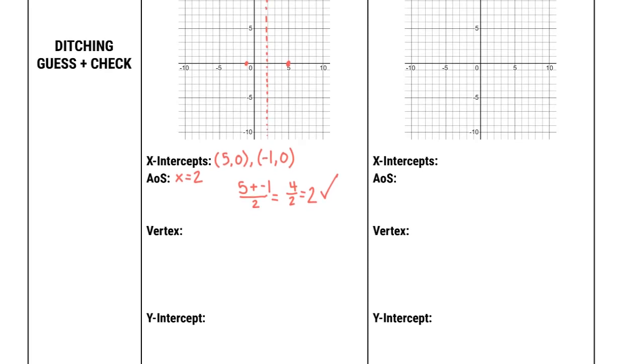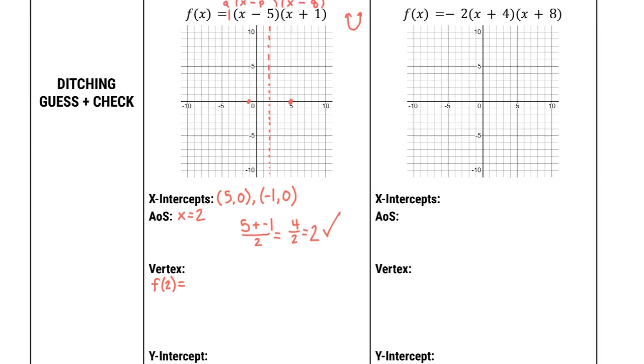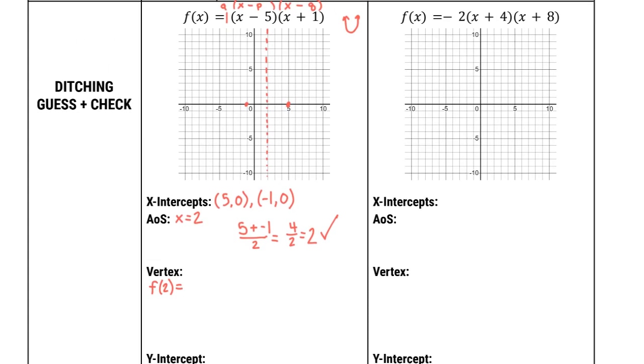Let's check out the vertex. Now the vertex is going to exist on that axis of symmetry, so we can plug in 2 for the function. We have x minus 5, so we're going to do 2 minus 5. And same thing, we've got x plus 1, so we're going to do 2 plus 1.